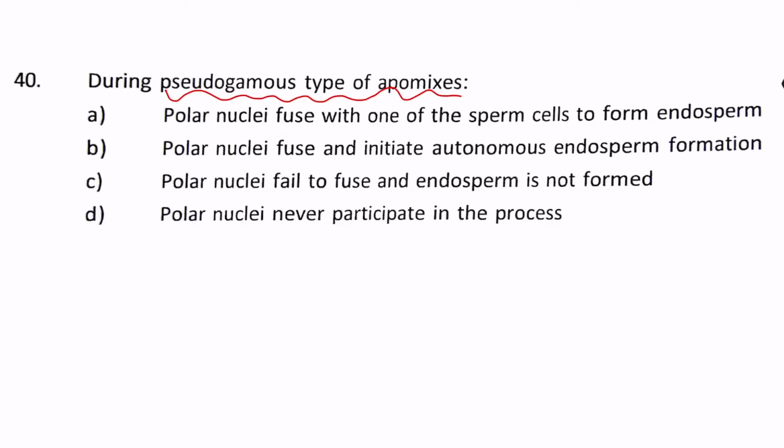Endosperm is formed, so C and D get crossed because polar nuclei do participate. The answer is A, that polar nuclei fuse with one of the sperm cells to form endosperm. So it is basically like fertilization, but it is pseudogamous apomixis, and that's where the name came from. Answer is number A.